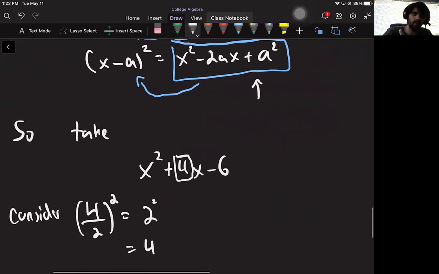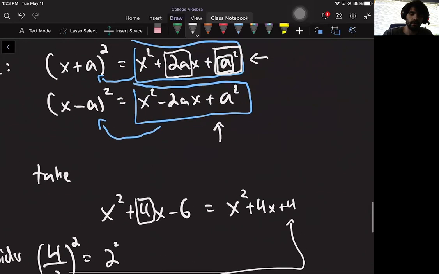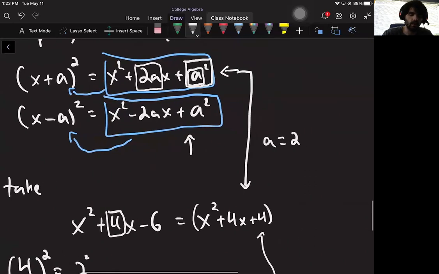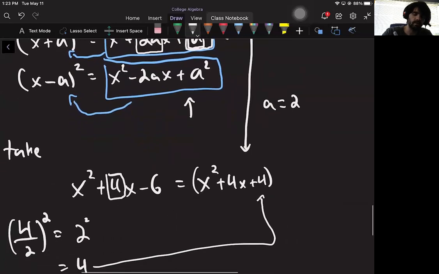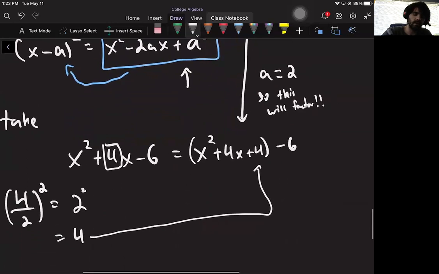So now, if I just sort of squeeze this 4 in here, I just add it in there, then this looks like this, where a equals 2, right? Because 2a is 4 and 2 squared is 4, so it's all matching up, and then this will factor. Of course, you can't just forget about the 6. It was there, it's still there.